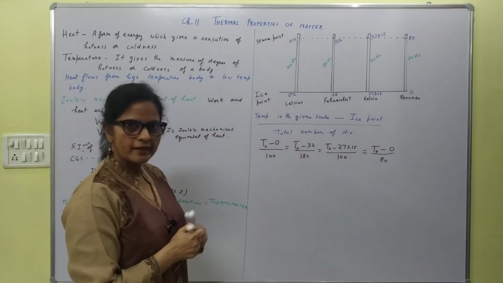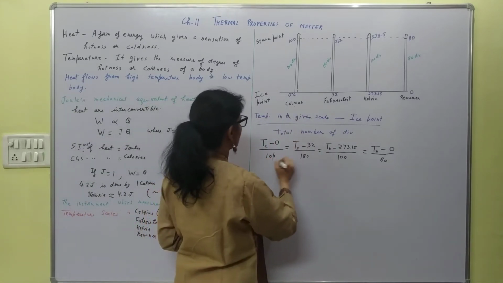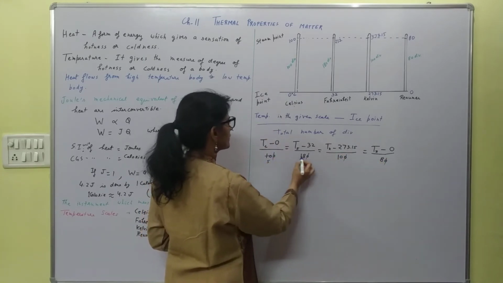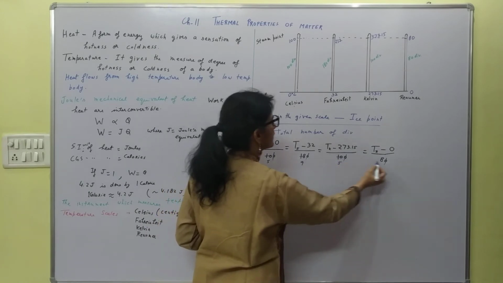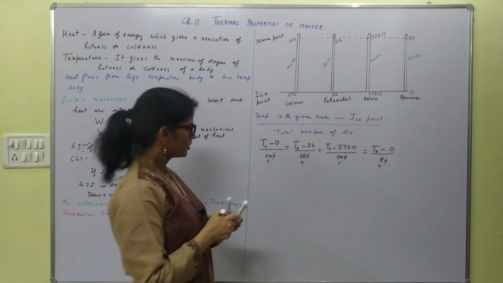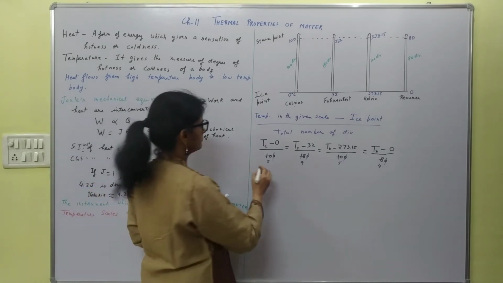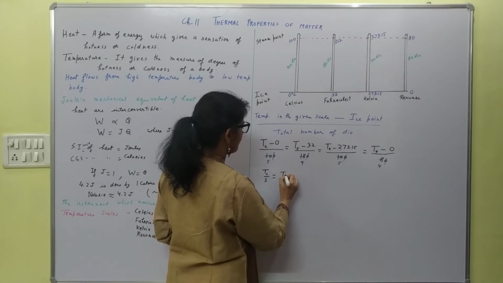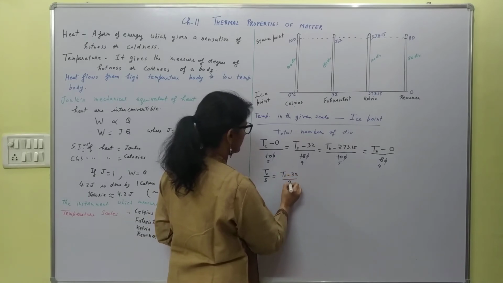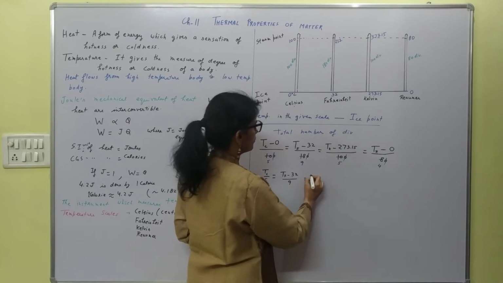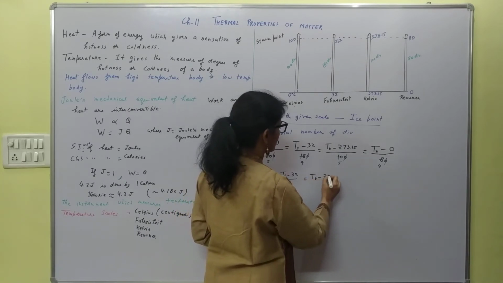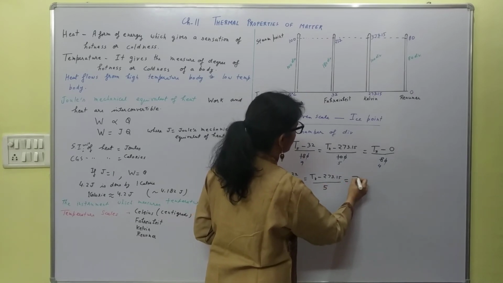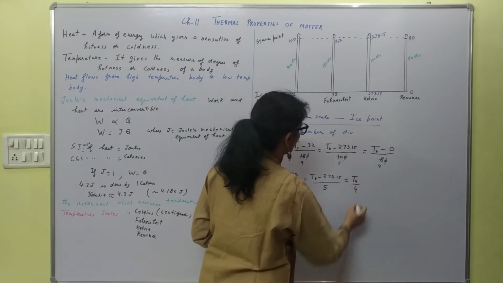So we can cancel the common ratio. This will be cancelled, this will be cancelled, this will be cancelled. So this will be 2 5s are 10, 2 9s are 18, 2 5s are 10, and 2 4s are 8. So we can simplify the formula. This will be Tc upon 5 is equal to Tf minus 32 upon 9 is equal to Tk minus 273.15 upon 5 is equal to Tr upon 4.